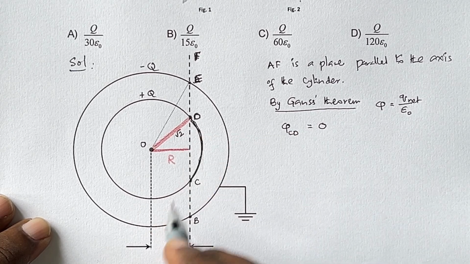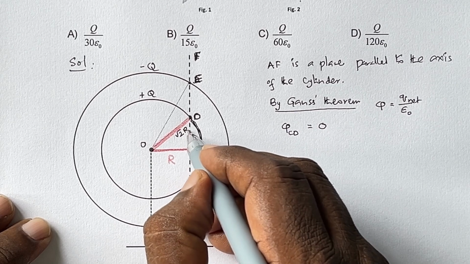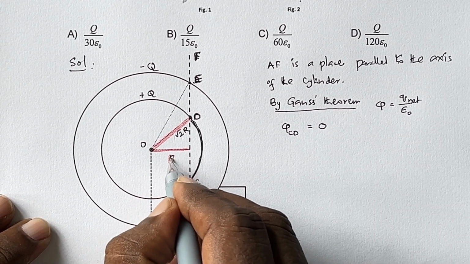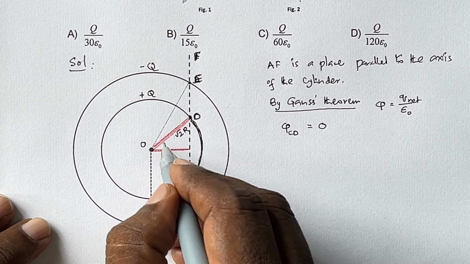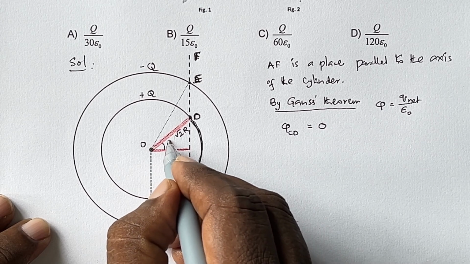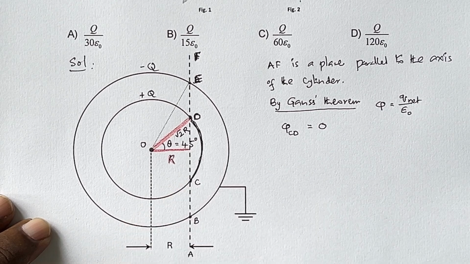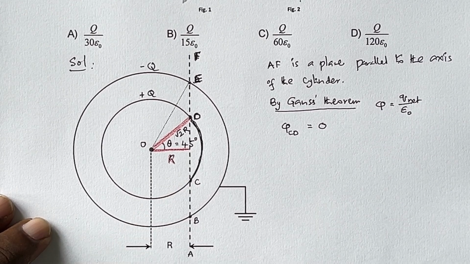The radius of the smaller cylinder is root 2 R, and the perpendicular distance is R. Then the sine of this angle theta is equal to 1 by root 2, that means this angle is 45 degrees.